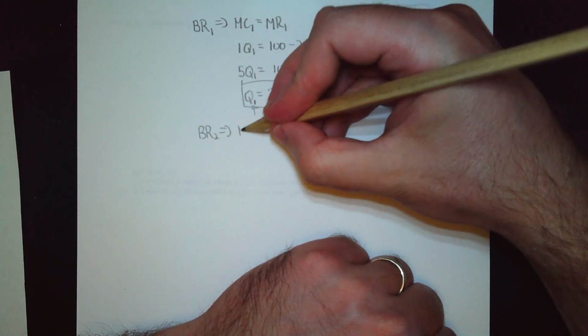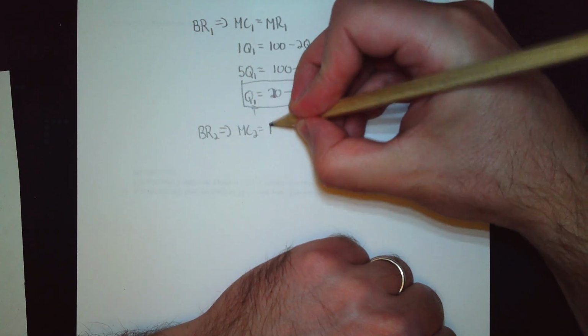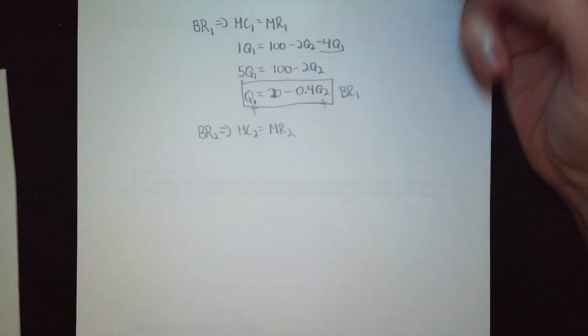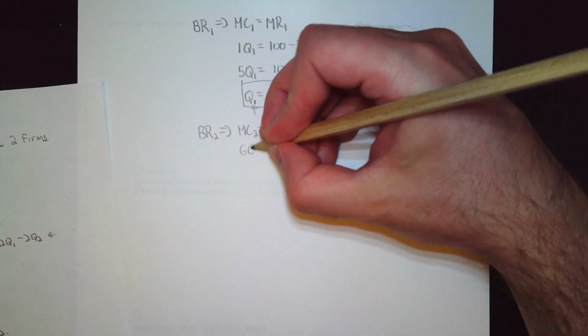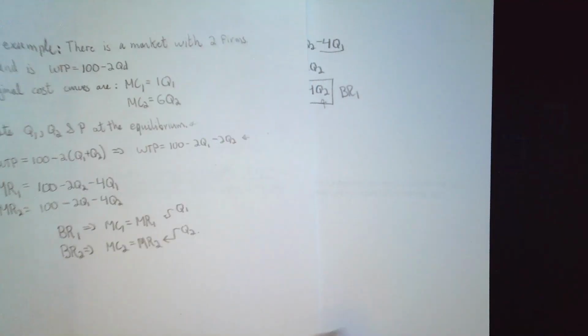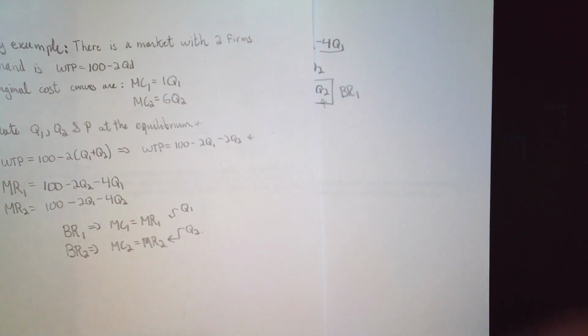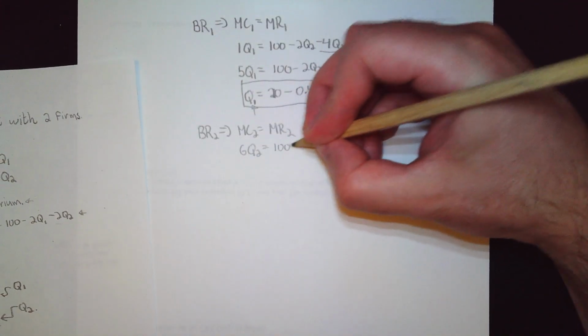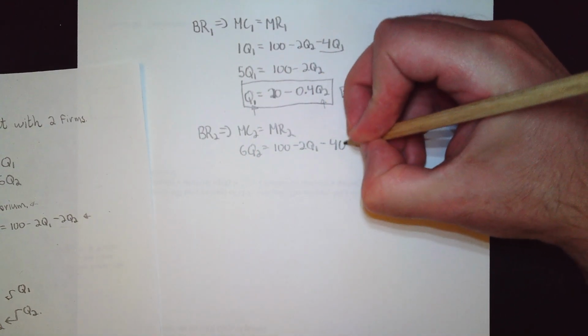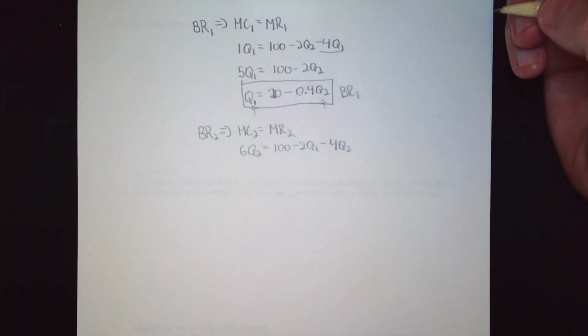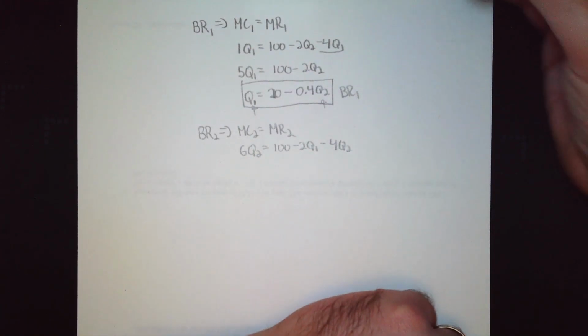Okay? I'm just going to set MC2 equal to MR2. MC2 is 6Q2. And MR2 is just this thing here. Okay, I want to solve in here.